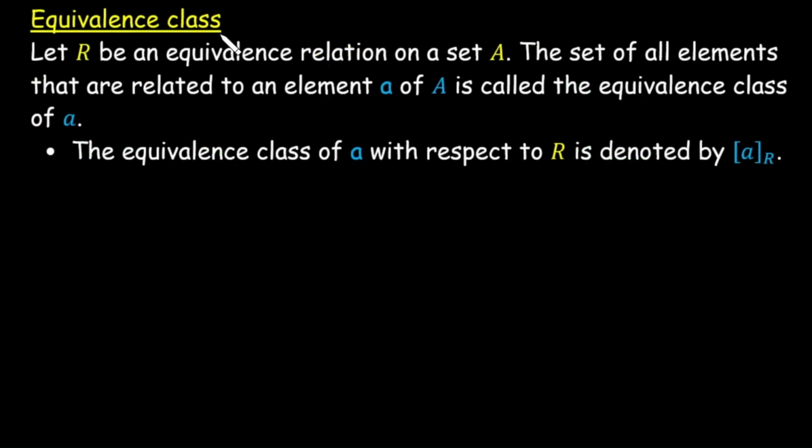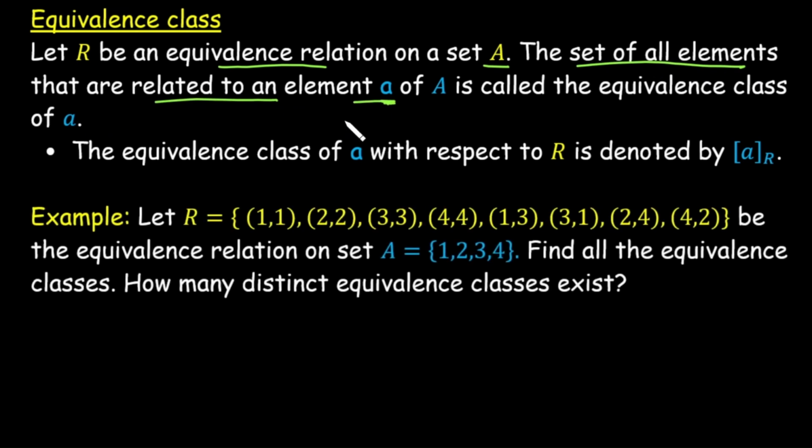Next we have equivalence class. Suppose we have an equivalence relation on the set A. The equivalence class is defined for an element of A. So we can say that the equivalence class of A is the set of all elements that are related to element A. It's very simple.